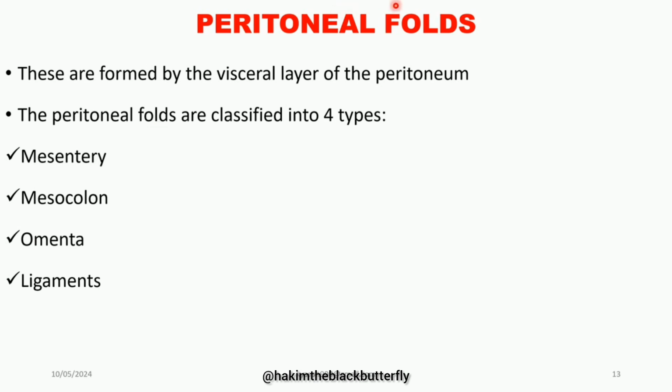These peritoneal folds are just extensions formed by the visceral layer of peritoneum. So we have the mesentery, we've already talked about this. We have the mesocolon, the omentum, the ligaments, all these, we can talk about them now.